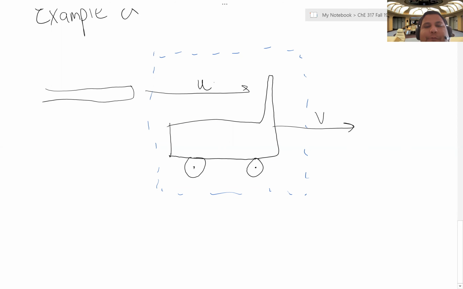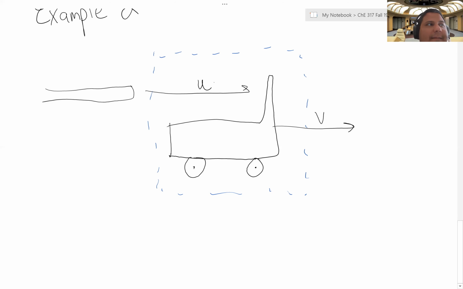And so what this should be indicating to you is we have two different velocities in our system, as the trolley is moving, which means our system is moving. Since we have multiple vectors and a system boundary that's moving with one of those vectors, the concept of reference frames becomes extremely important in defining this momentum balance.